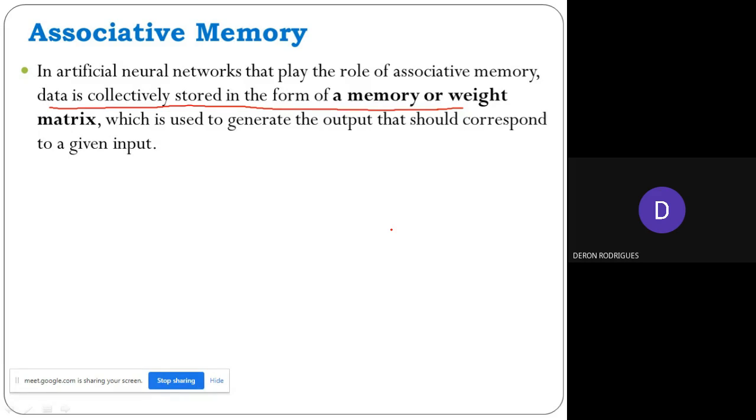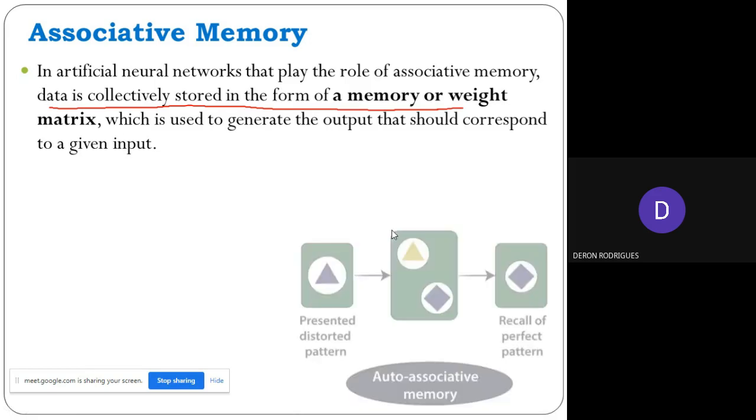That is usually what is done in a neural network. How do we find the output? Output Y we find by taking the product of the input and the weights, W transpose into X. Similarly here also we would be doing the same thing, but here the weight matrix will be the memory.